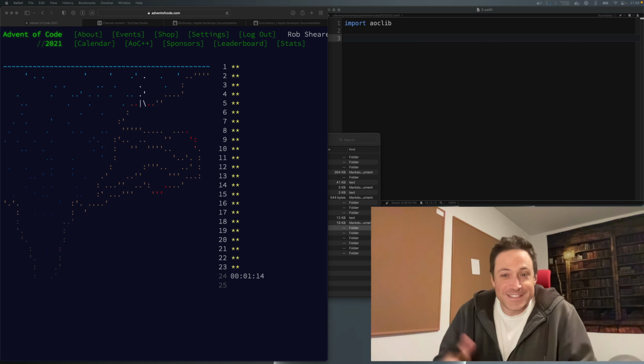Is W ever given as anything other than the input? No, so W is only ever used as a parameter. It's never assigned anywhere other than the input. So that's good to know. Okay, add a B.